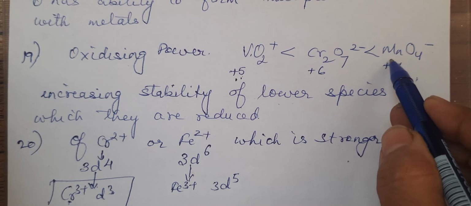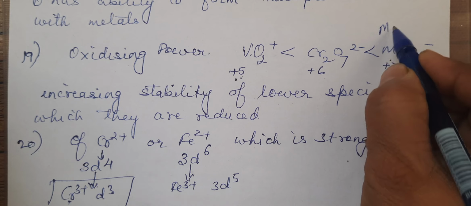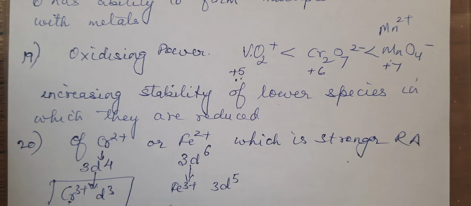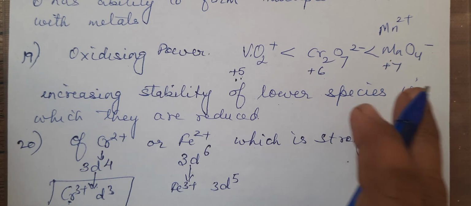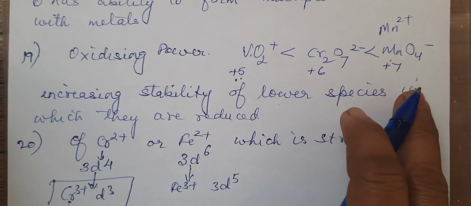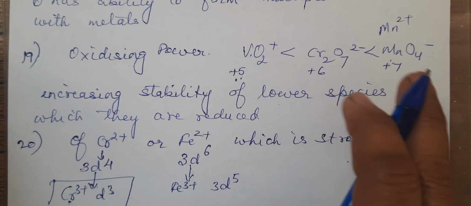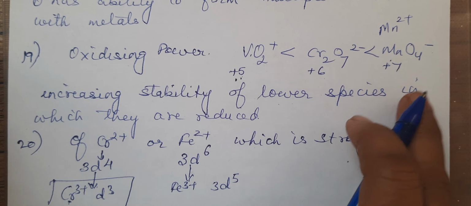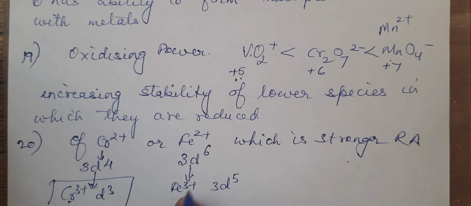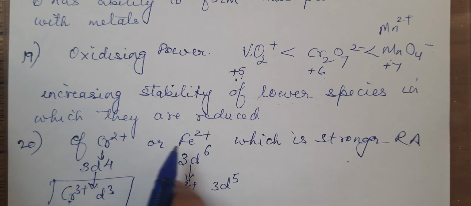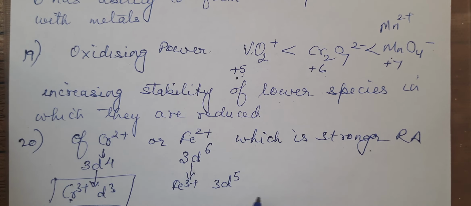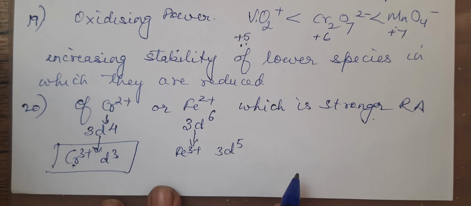So this is getting reduced into Mn2+, which is very stable, d5 configuration. So you'll write down 2 points. One, the more the oxidation state, the more the oxidizing behavior. Second, increasing stability of the lower species in which they are getting reduced.